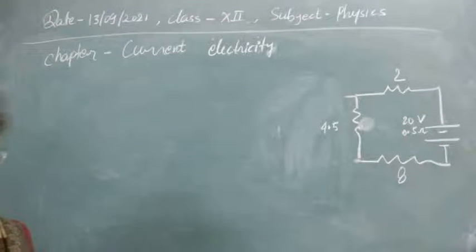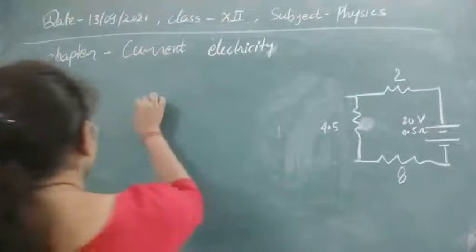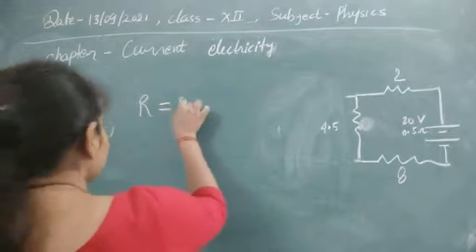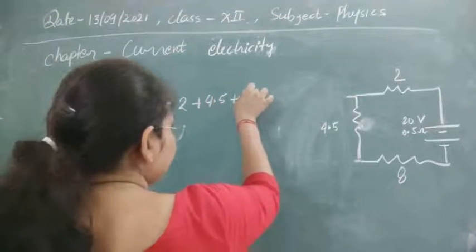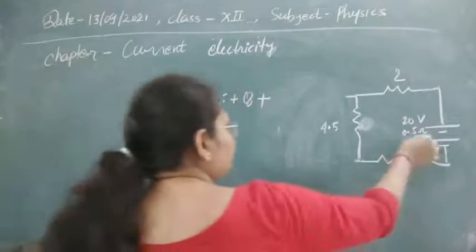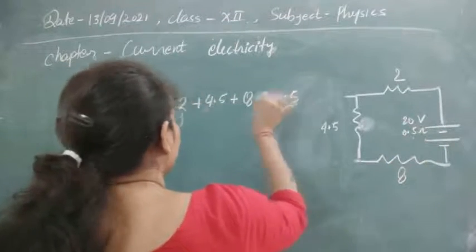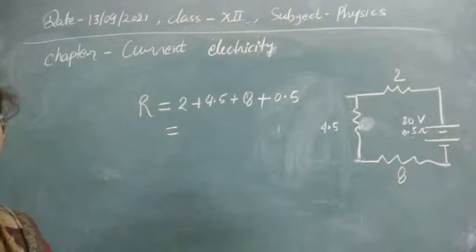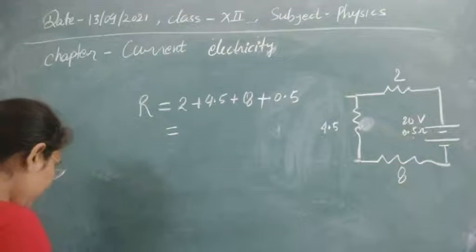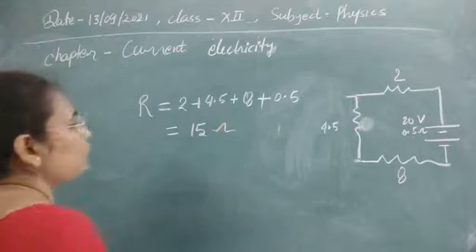For the series combination you can just add all the resistances. So the total resistance in our circuit will be equal to 2 plus 4.5 plus 8 plus the resistance of this battery, that is 0.5. We have just solved it by the combination rule of resistors, and the final resistance is obtained as 15 ohm.